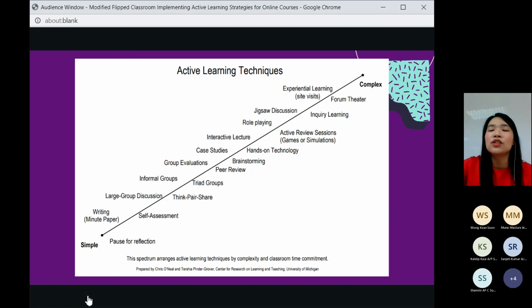You see here from this picture a lot of active learning techniques. I'm sure some of you have heard of, for example, think, pair, share. It's a very popular or common technique that we are using, and we do have peer review as well. I think some of you could have done this before, brainstorming, role playing. So we do have a lot of other active learning techniques apart from those mentioned here.